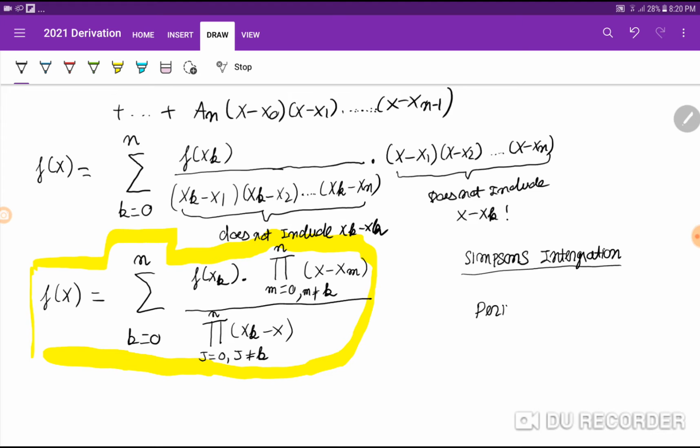I'm going to leave it for you guys for now, to look it up and even figure it out yourself. But in the next video I'm going to show you how to get the Simpson integration formula.